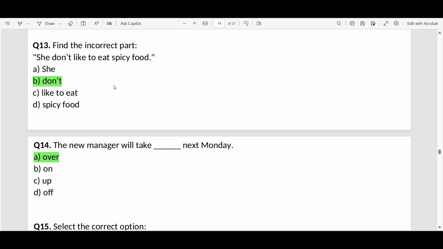These girls are studying, like that. So for plural forms we need to use don't, and for singular forms you need to use doesn't. So don't is the incorrect one and the correct would be doesn't. Here it is asking the incorrect part, so don't is the incorrect one.